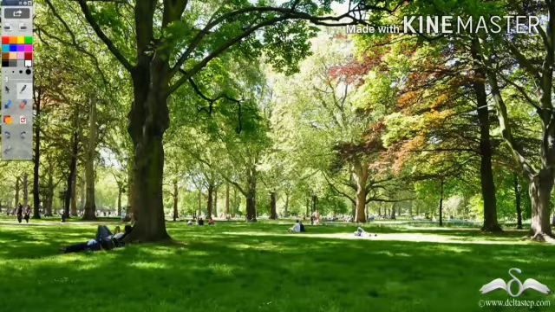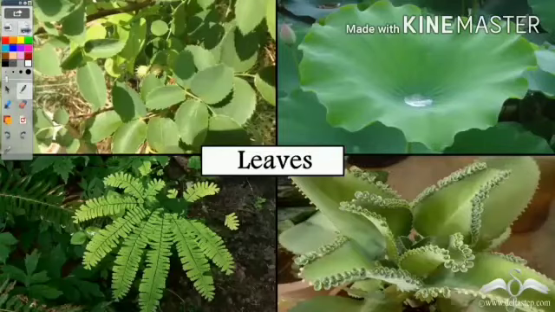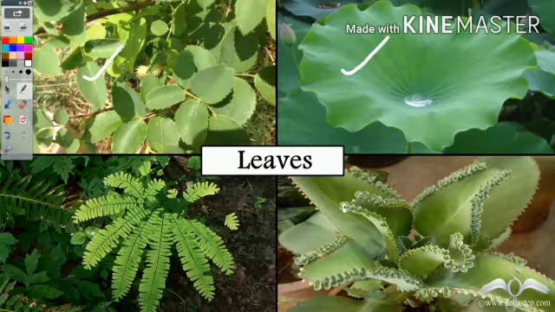What happens when you go to a park? Well, you see a lot of greenery around you. Different kinds of plants with different kinds of leaves, fruits, flowers, everything, right? Now, if I tell you to look at these 4 pictures, 1, 2, 3 and 4, do they all look alike?